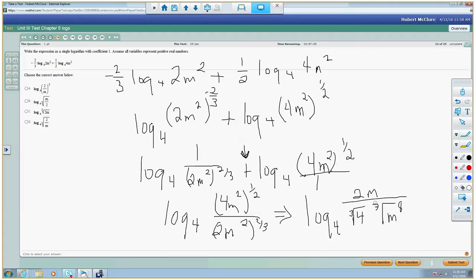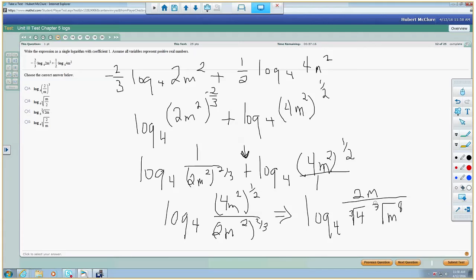Okay, 2. I'm not getting something. Let's see. Trying to see how I'm going to get the 2's to cancel. I think I've got something wrong somewhere.